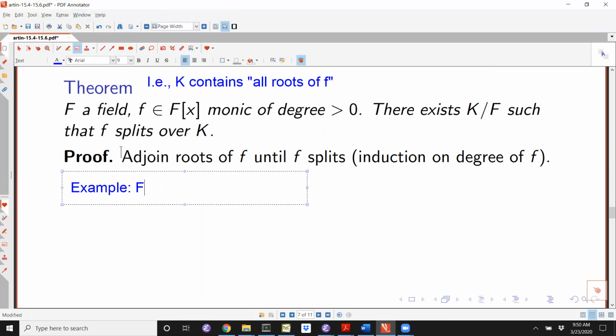Let F equal the rationals, and little f of x equals x cubed minus 1. Actually, let me make it x cubed minus 2.